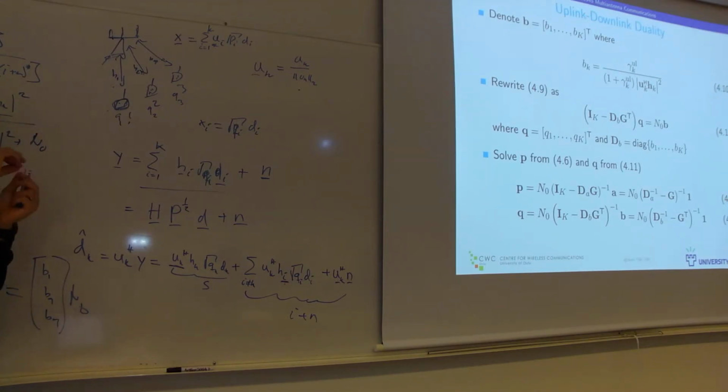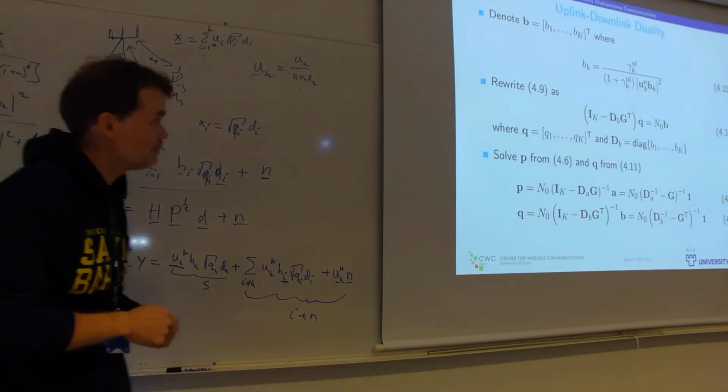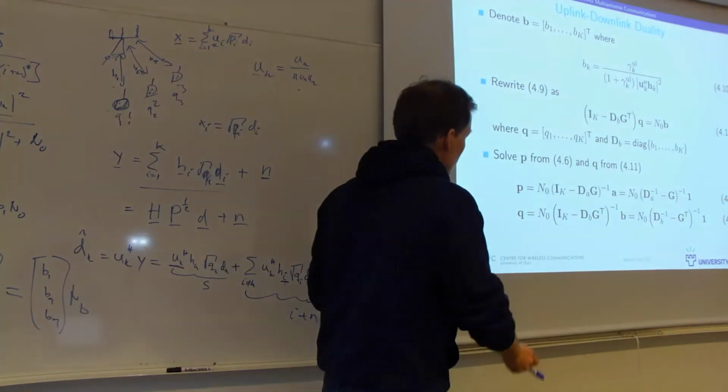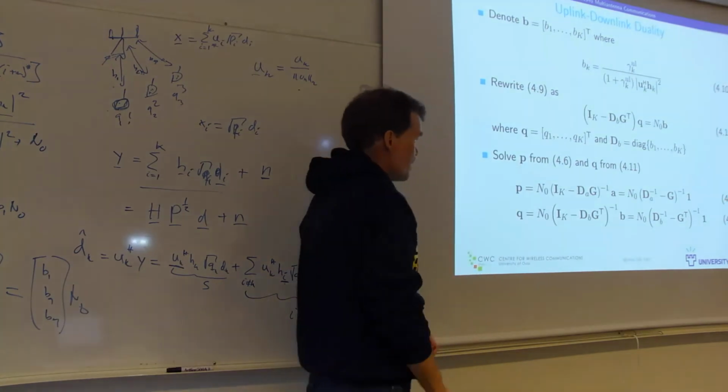So the interference is now in the channel indices. Interference is in the channel indices in uplink, in the beamformer indices in the downlink, right? That's why we have this transpose behavior. Okay, so both V and Q we can solve from these equations.